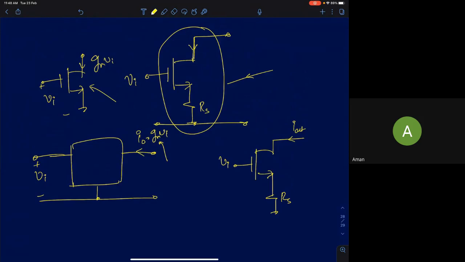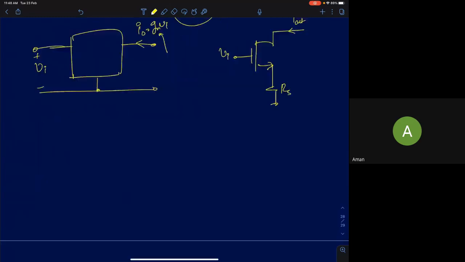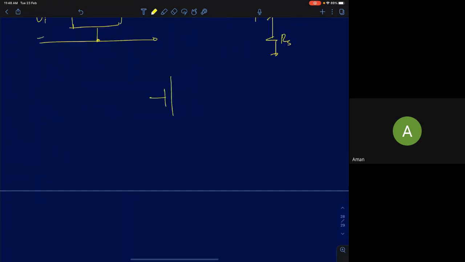Now look at it intuitively. When do you say a system has feedback? If you change your input, there should be some quantity that is fed back to the input itself. What does the MOS device do? It operates on two voltages: the gate voltage minus the source voltage, times Gm, will be your drain current.